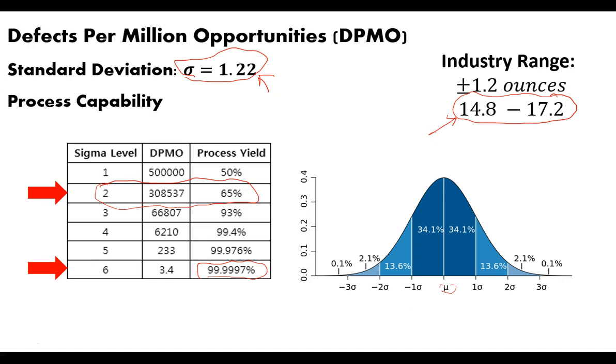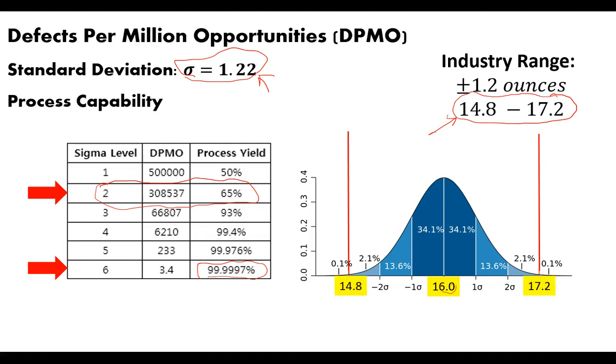Now, if we were to just ignore the y-axis, pay attention to the x-axis, and apply our scenario to this bell curve, these would be our specification limits. So we'd have an average here, where 16 is what we are trying to achieve.